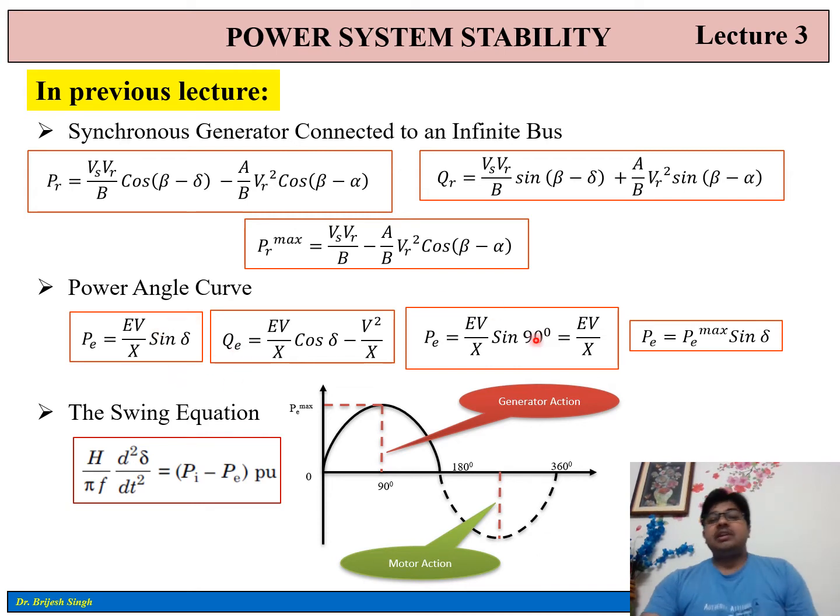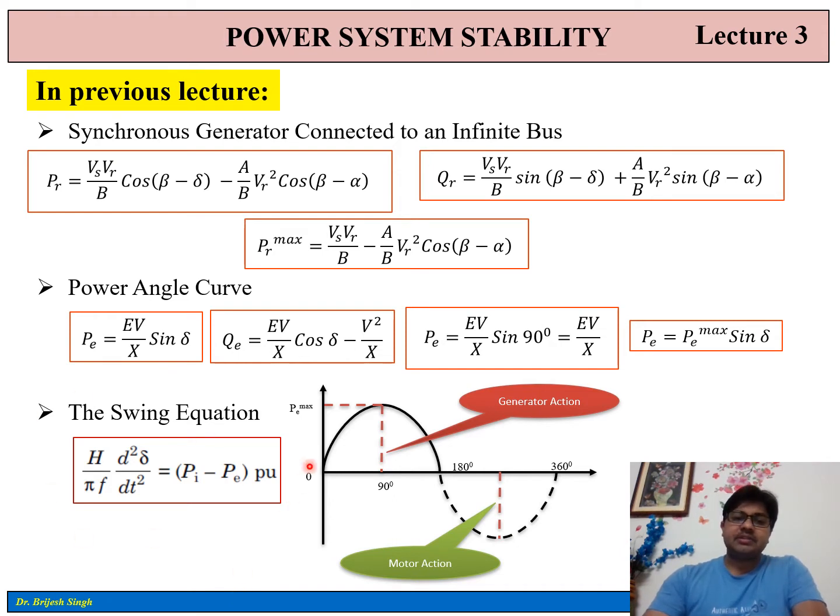So if your load angle is 90 degrees, in that situation you can inject the maximum power to the network by a synchronous generator. This relationship is also applicable for transmission line power flow.